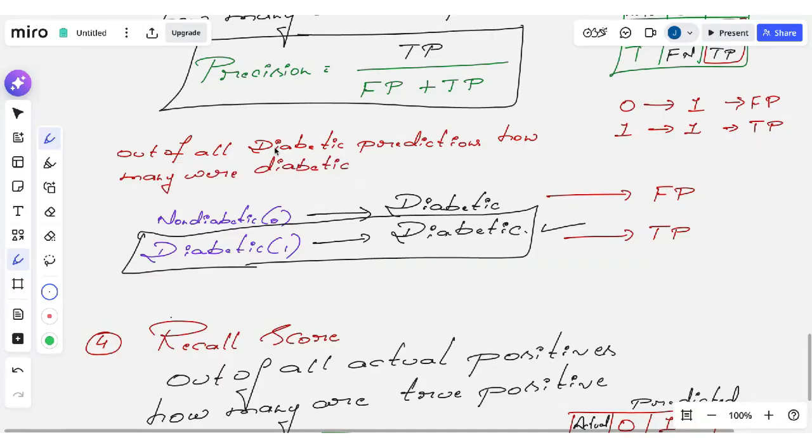Understanding? Out of all the diabetic predictions made by your model, how many were diabetic?